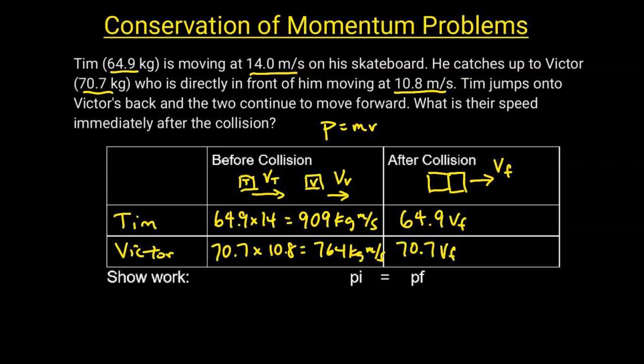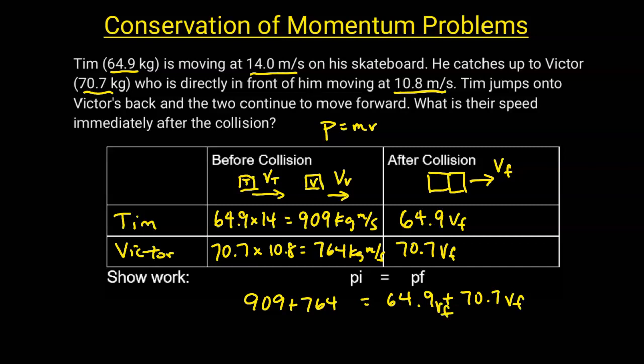Now down here, we're going to add up all the momentum before the collision. 909 plus 764 is equal to all the momentum after the collision, which is 64.9 plus 70.7, times Vf. Now we can factor out the Vf.